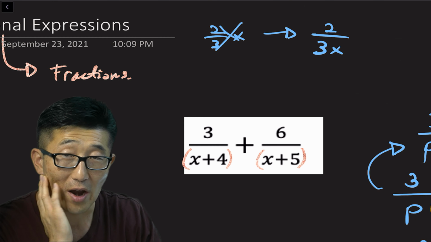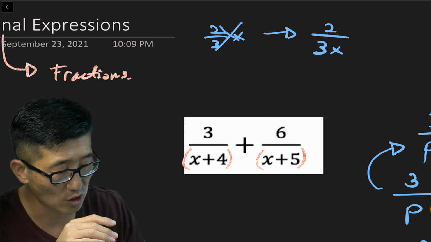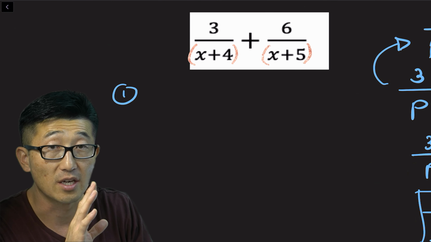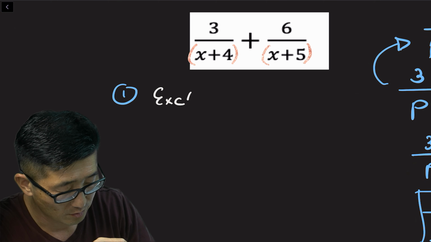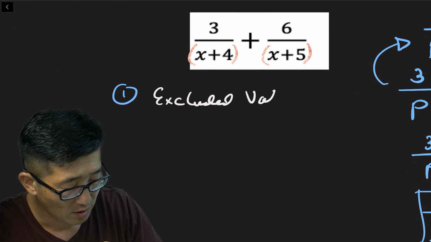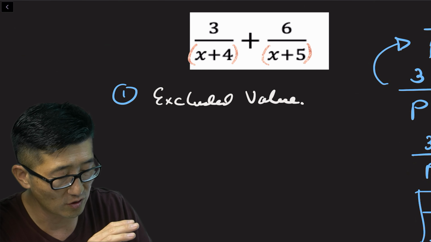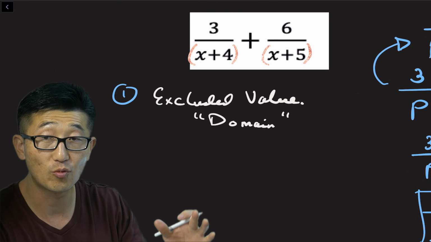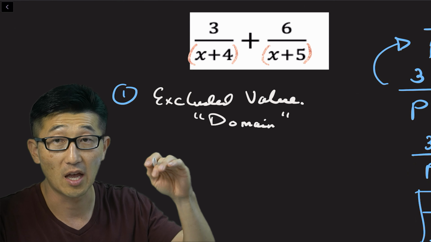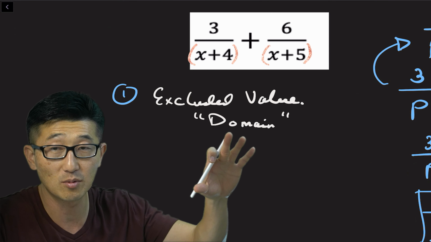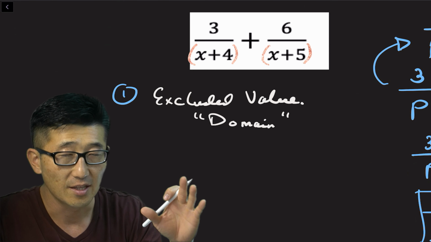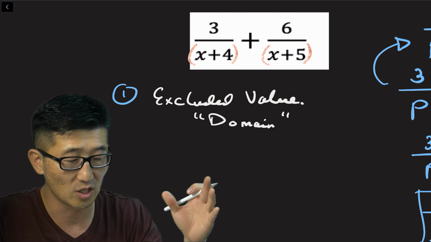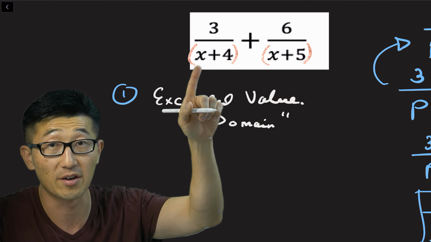So for every rational expression and also equations, the first thing you want to do is always state the excluded value. The excluded value is no different than the word domain. And the idea here is every expression in math, in different types of expressions, they all have some kind of a limit or an unlimited ability to take in values for the letter x.